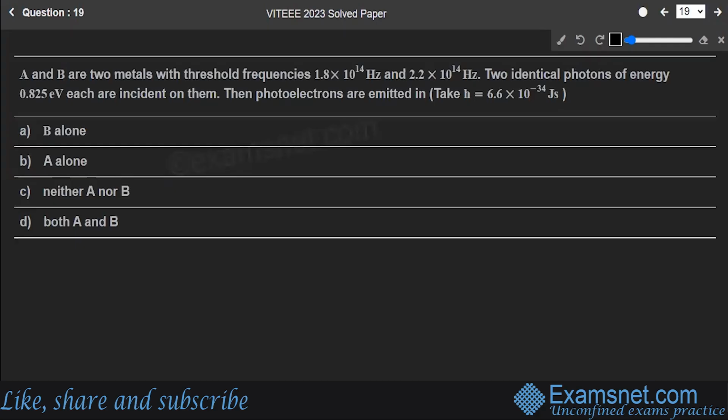A and B are two metals with the threshold frequencies this and this. Two identical photons of energy this much each are incident on them. The photoelectrons are emitted in B alone, A alone, neither A nor B, both A and B. 19, A and B are two metals with threshold frequencies given by this and this. Two identical photons of energy this much are incident on them.